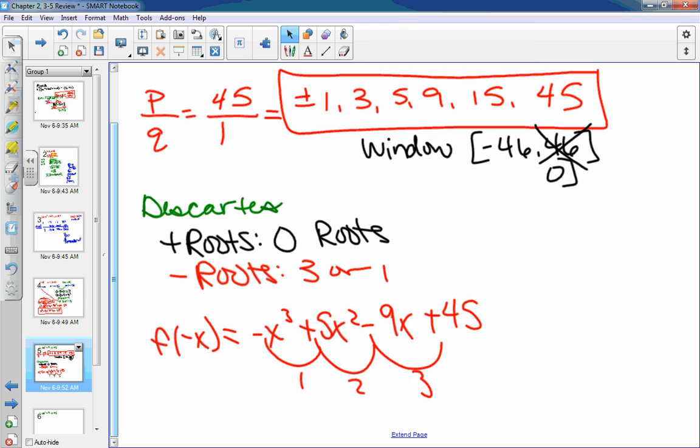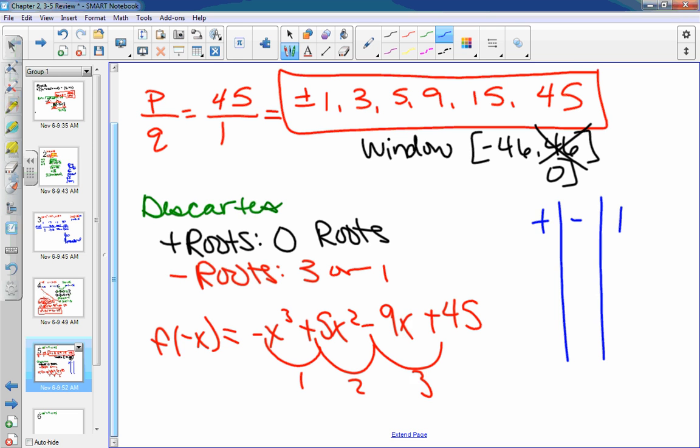Am I done? We want to make the chart because if we make the chart, we get a good idea of what's happening in this graph, right? How many total roots is this thing going to have? 3, because its highest exponent is 3. So how many positive roots am I going to have? 0, and I can pair that with 3 negatives, which leaves how many imaginary? 0.